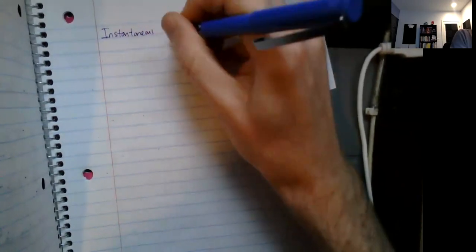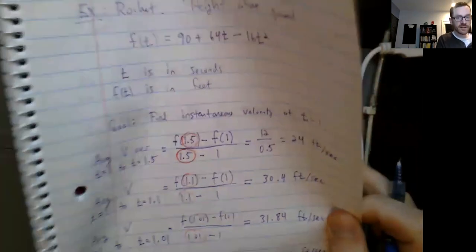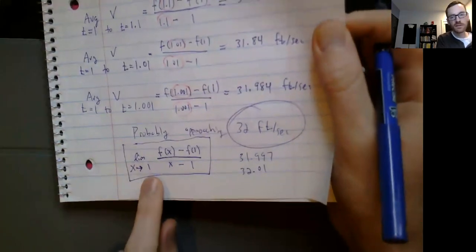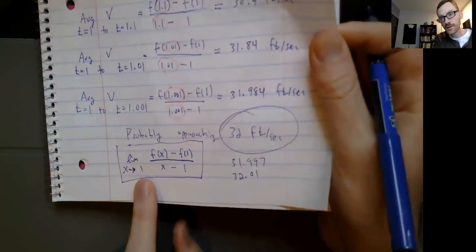So the instantaneous velocity at time, we'll just call it c, is given by the limit as x approaches, well, it's not the limit as x approaches 1, because our time here is no longer 1, it's just c.